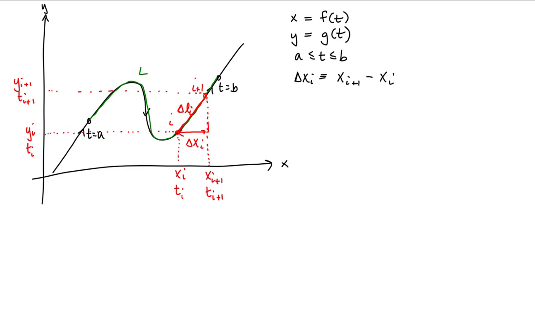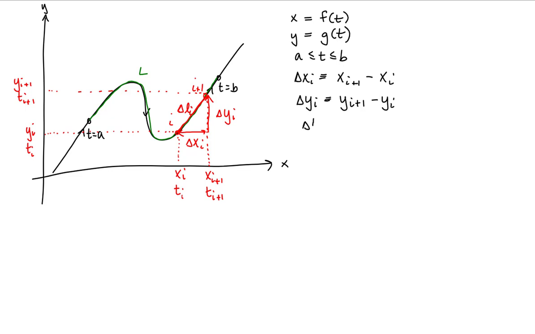Let's also take the change in the y-coordinate and identify that as delta y sub i, where delta y sub i is equivalent to the difference between y at the point i plus 1 and y at the point i.